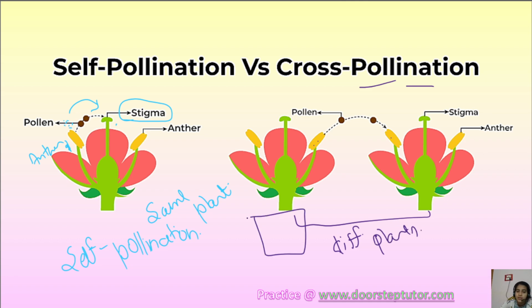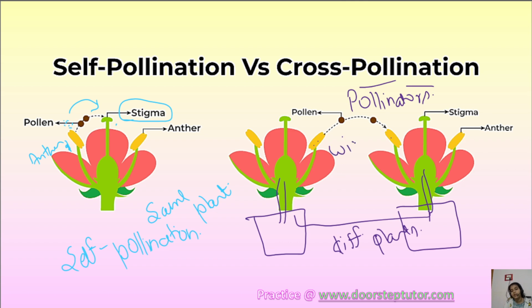Suppose this one is one plant and this one is another plant, each with a flower. This will require some pollinators such as insects, bees and others, and it can also happen with the help of wind and water, according to the need. So these were some basic differences between self pollination and cross pollination.